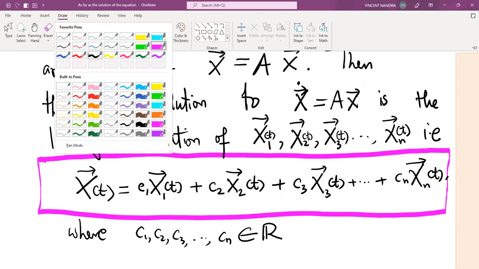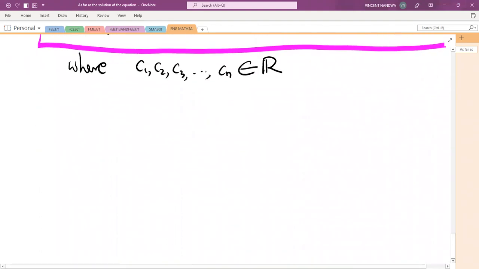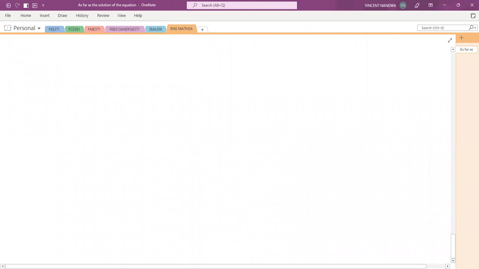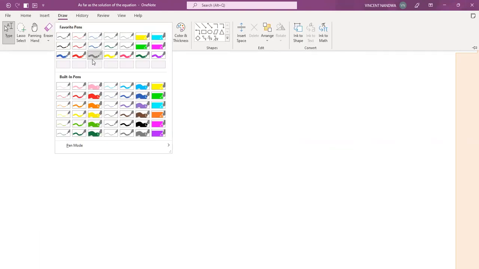So assuming that the value of lambda is a complex number and the value of the eigenvector u is also complex.